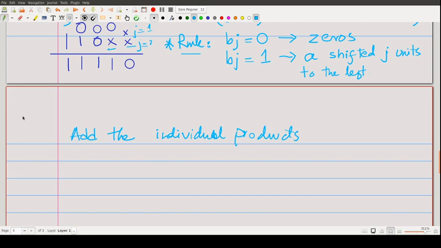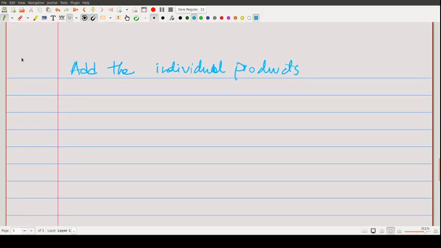So this is how you do multiplication, and if that's clear, let's just define the algorithm for multiplication. The algorithm for multiplication is as follows. First, let's define the procedure.